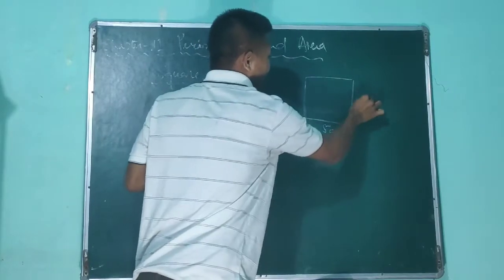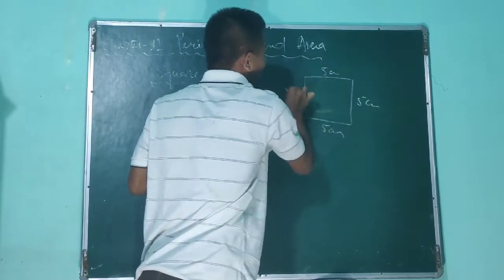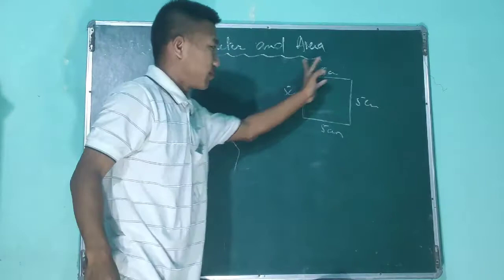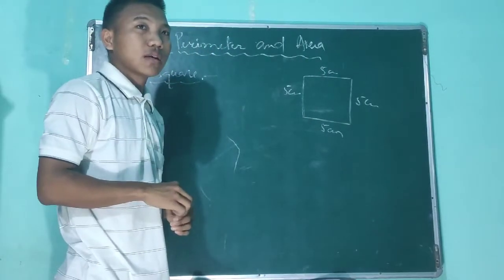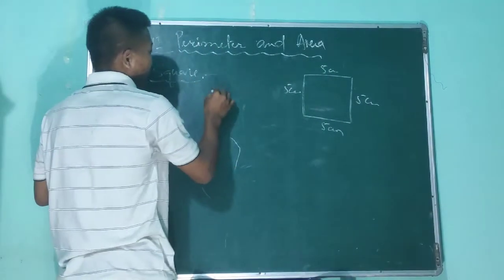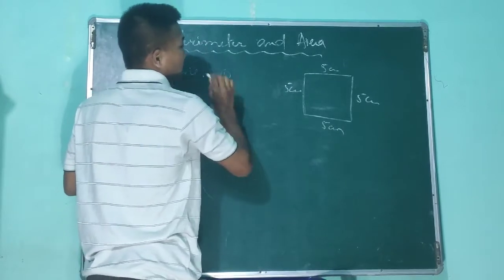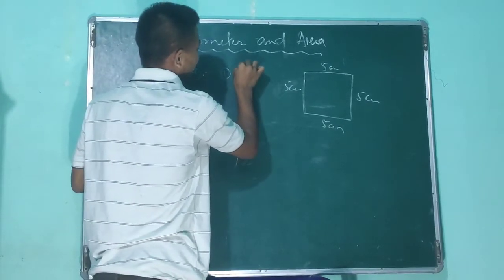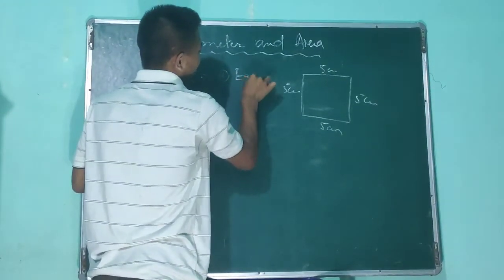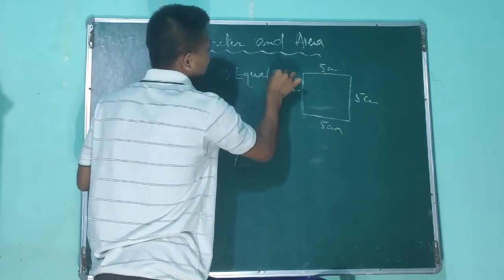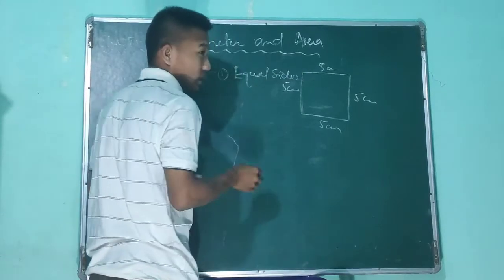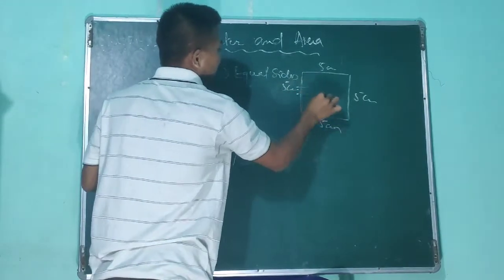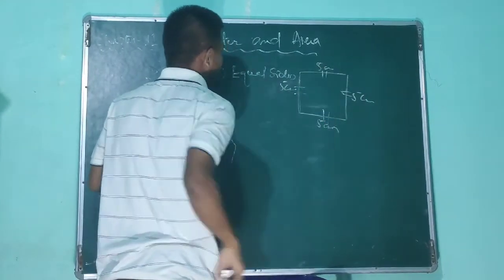Then for a square, every side will be the same. This is a square. Remember this point: a square will have equal sides. All the sides will be equal.